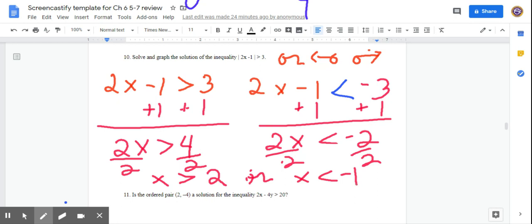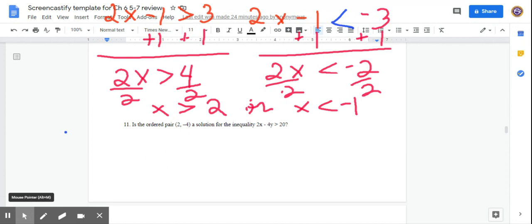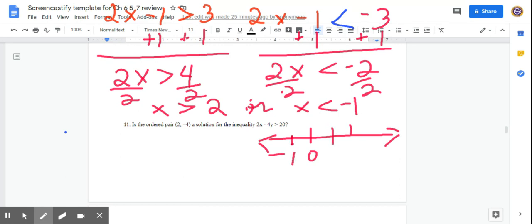Okay, so now we have to graph. Kind of ran over a little bit, but we'll just graph it over here. We have 0, negative 1, and 2. Okay.